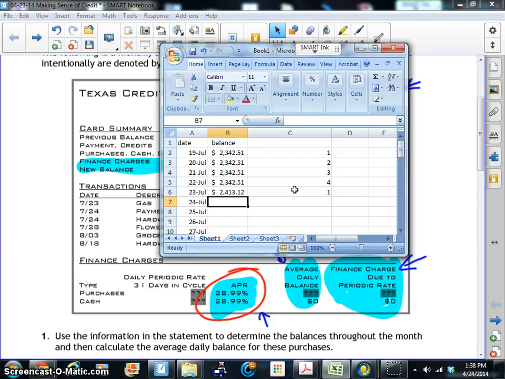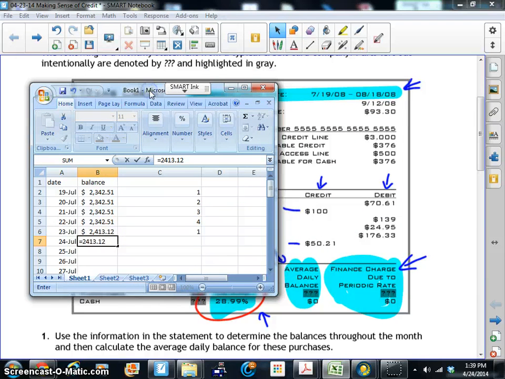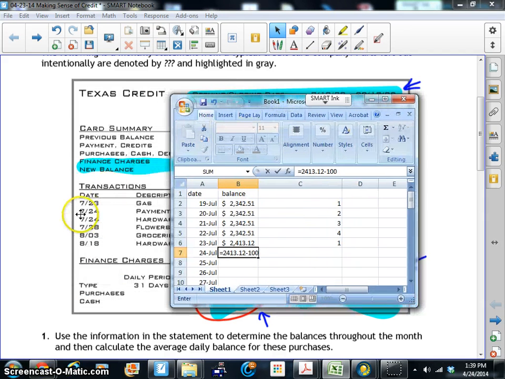So we have, equal to $2,413.12. And we have a payment. This is a credit. So since it's a credit, we're going to be subtracting 100. But on that same day, we have two transactions.